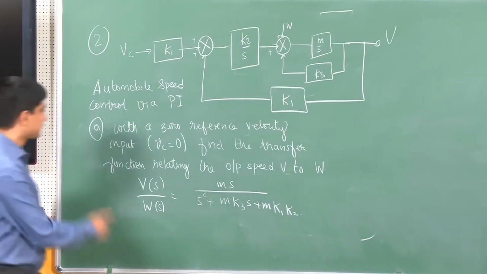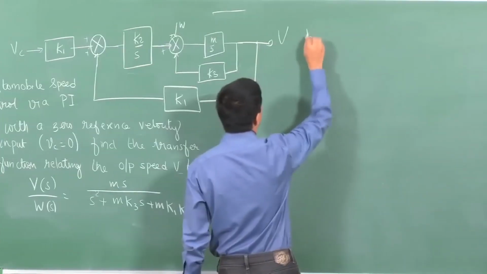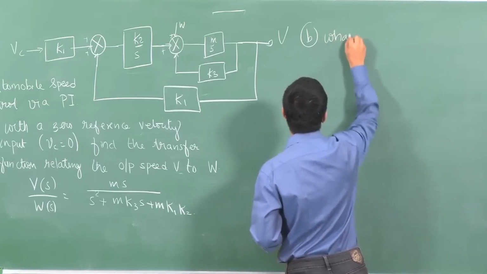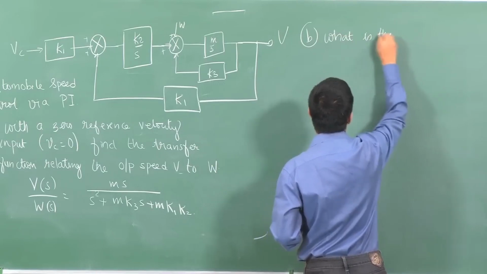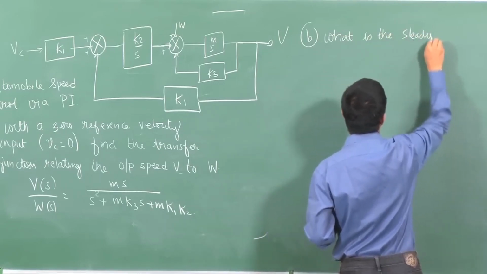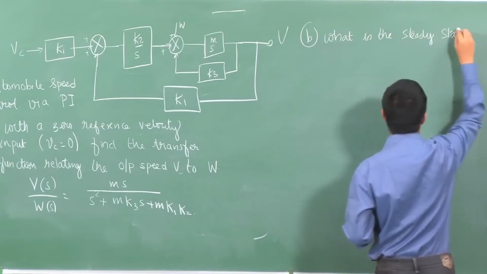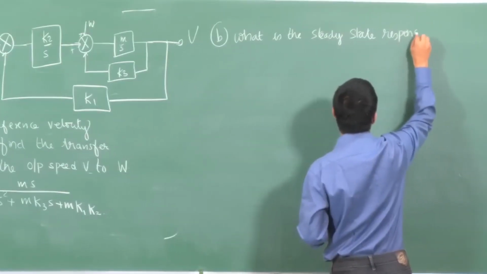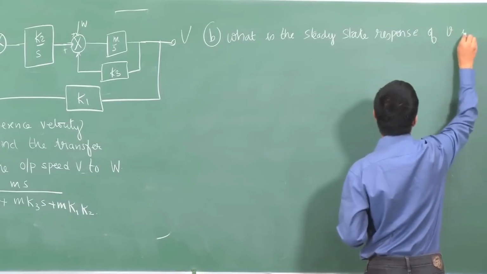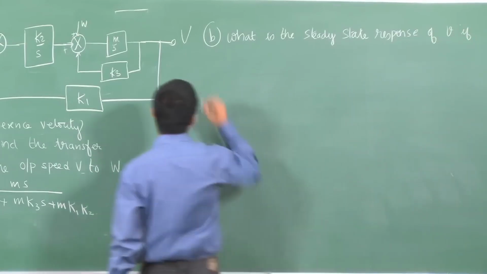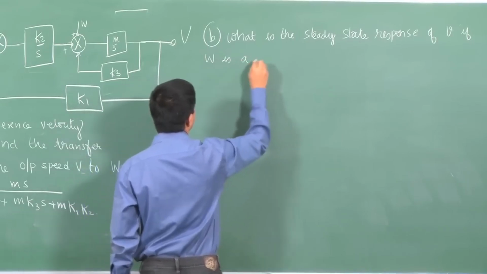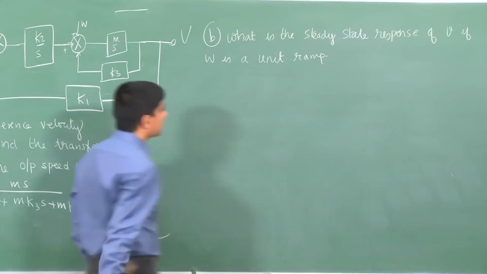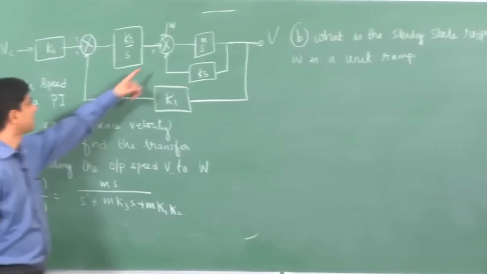Okay. So, this is straightforward, I will not go into the details of doing that. Okay. The second part, okay, what is the steady state response of V if W is a unit ramp?